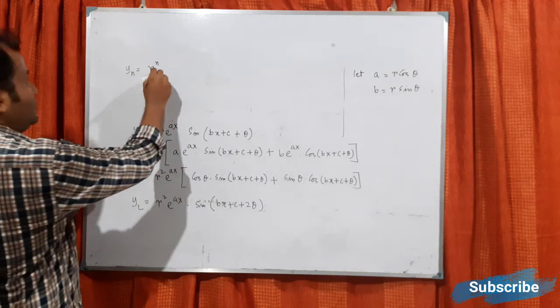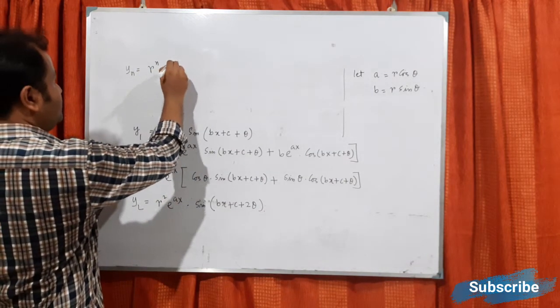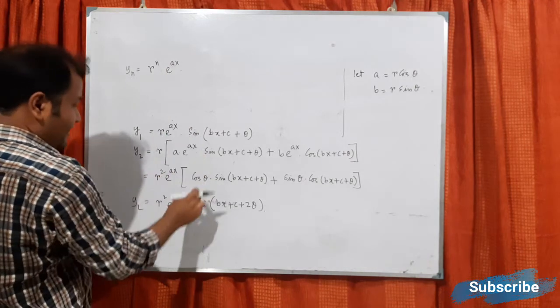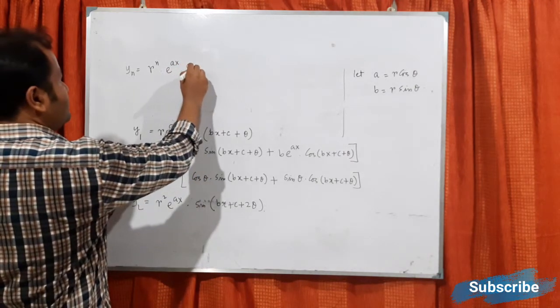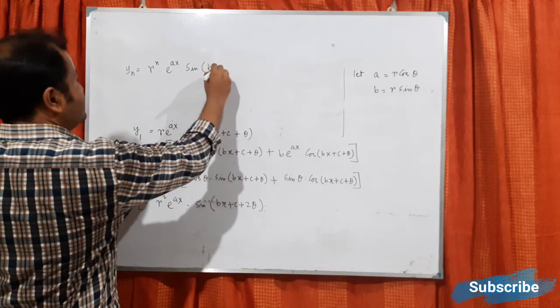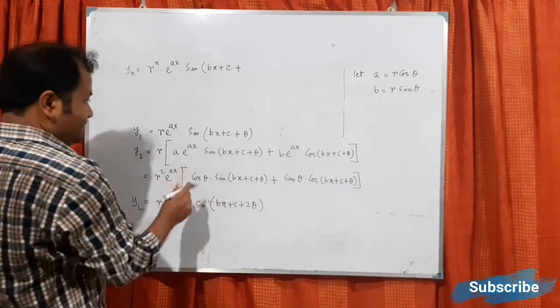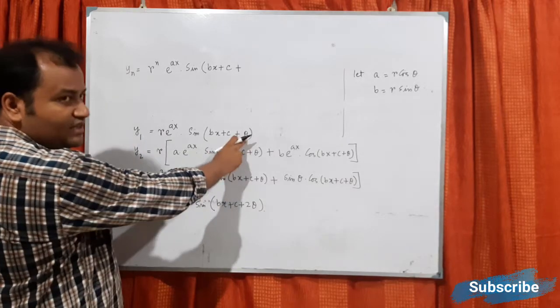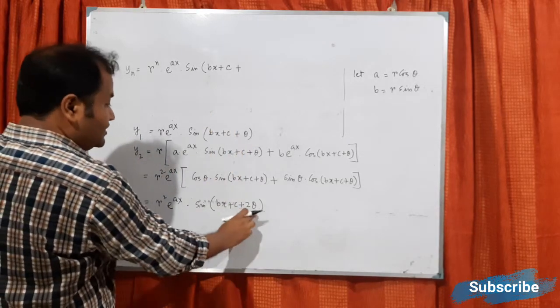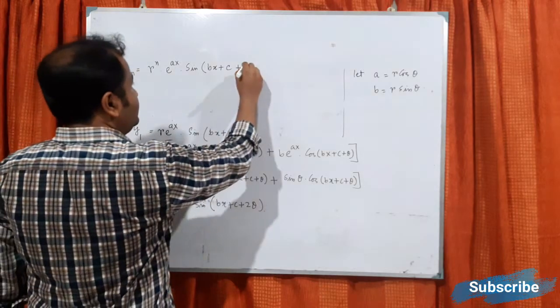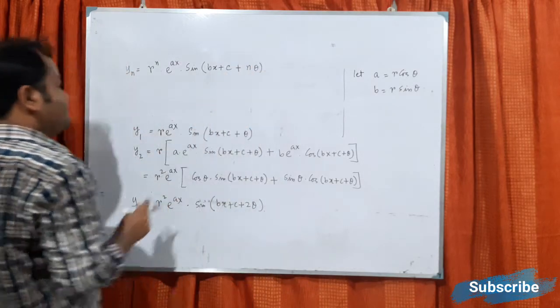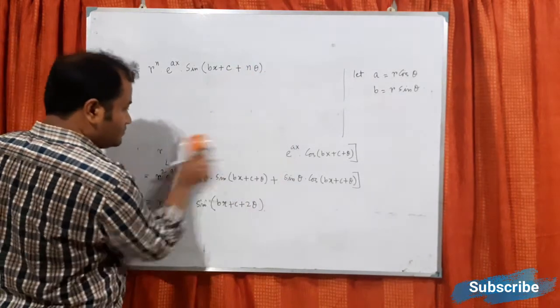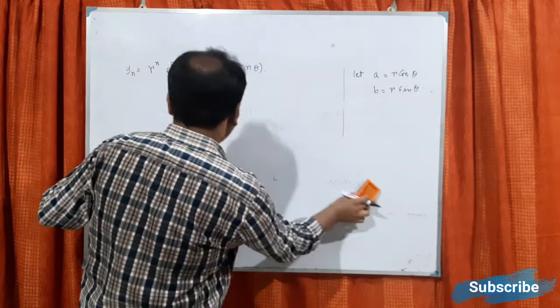E power ax will be there as it is, no problem. Then it is sin of bx plus c plus, there is no problem. If it is 1, it is 1 theta or only theta. If it is 2, it is 2 theta. If it is n, it will be n theta. Done. So we got the value of yn.